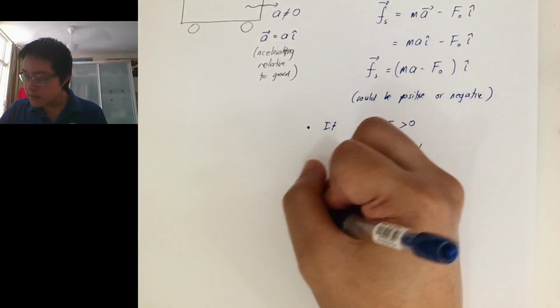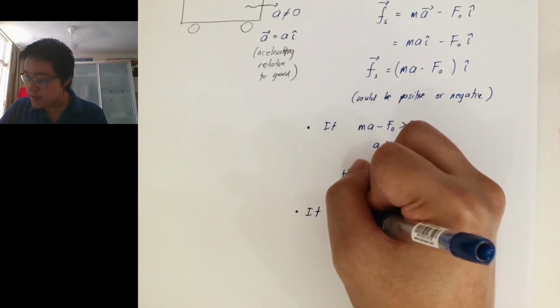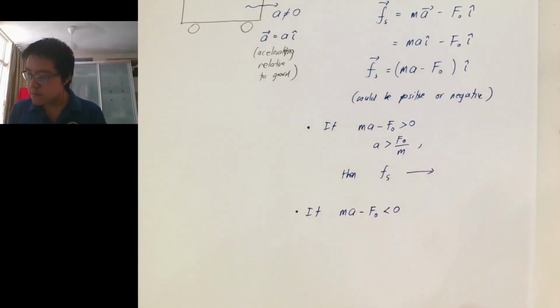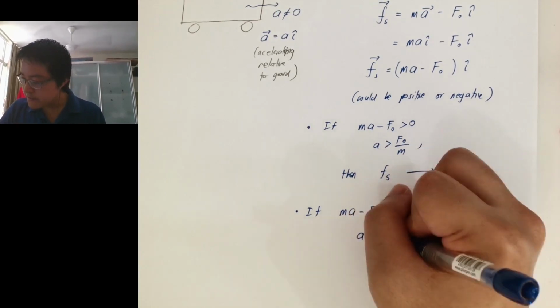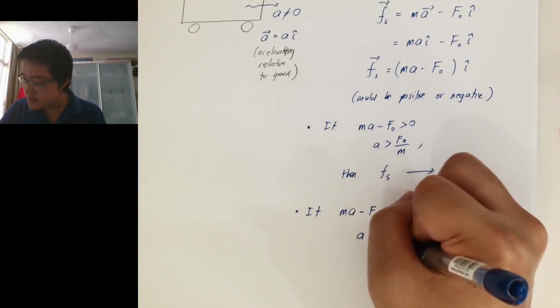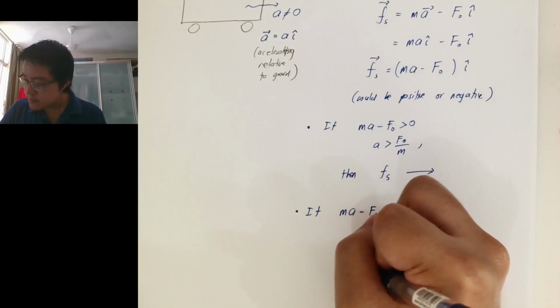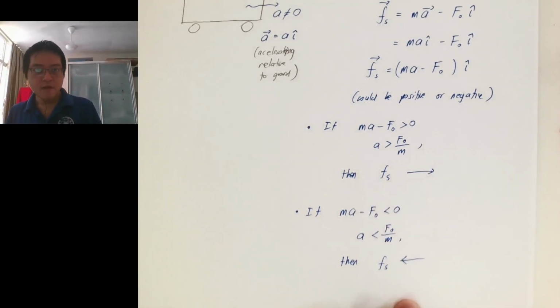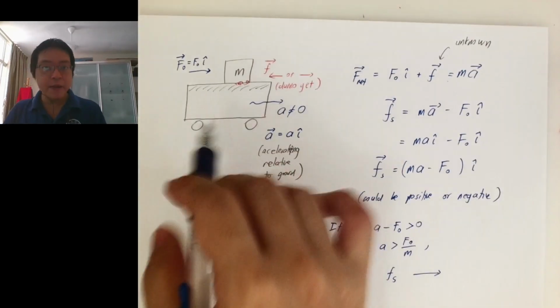But on the other hand, if my acceleration is small, in other words, if A is smaller than this, then my static friction is pointing to the left. So now it depends on acceleration.